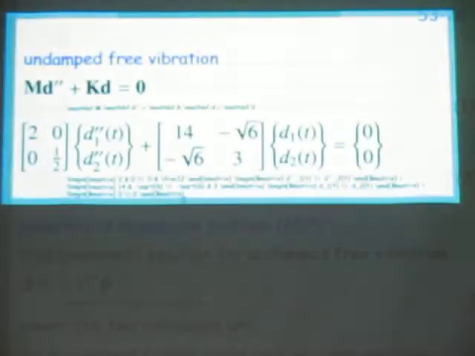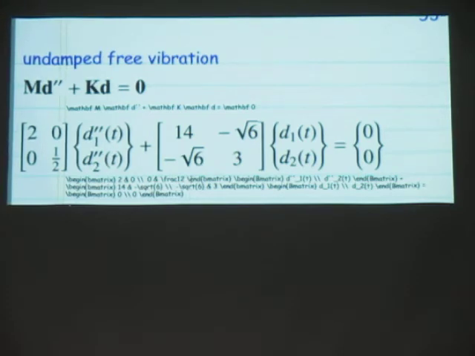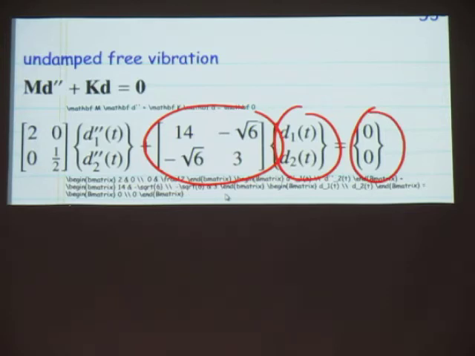Okay. So this equation is called the undamped free vibration equation, and this is the fully expanded form, right? You have the mass matrix, the matrix of the acceleration, the stiffness matrix, and the matrix of the displacement, and all the applied forces are set to 0.